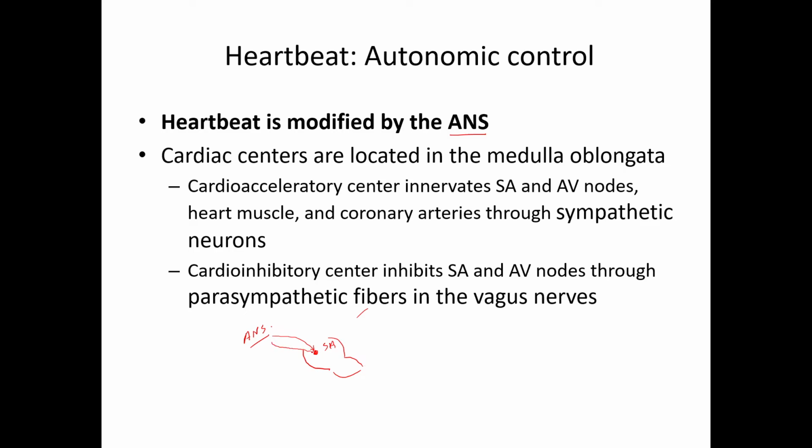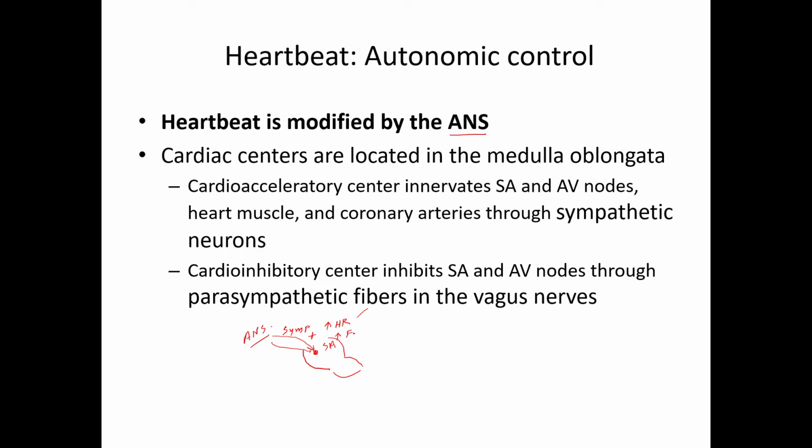So sympathetic gives the fight or flight response. Sympathetic will give the signal to the SA node that will increase the heart rate and increase the force of contraction. So the heart rate will go up, and also the heart will pump more forcefully.